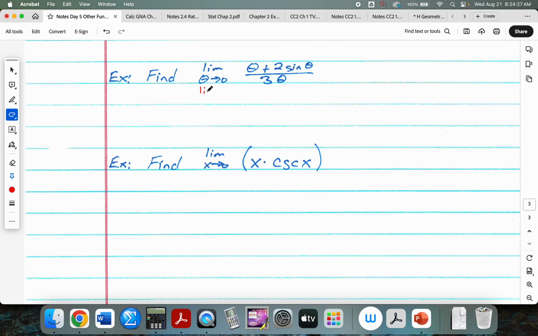So we can rewrite this as the limit as theta goes to 0 of theta over 3 theta plus 2 sine of theta over 3 theta.